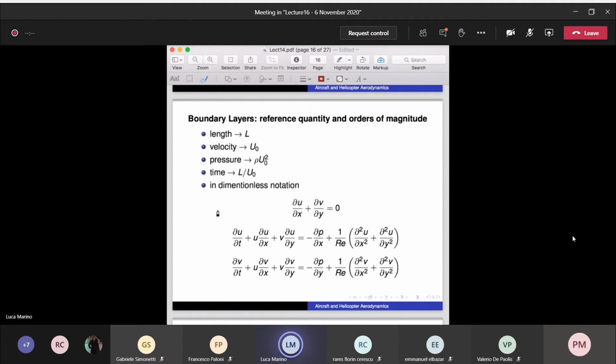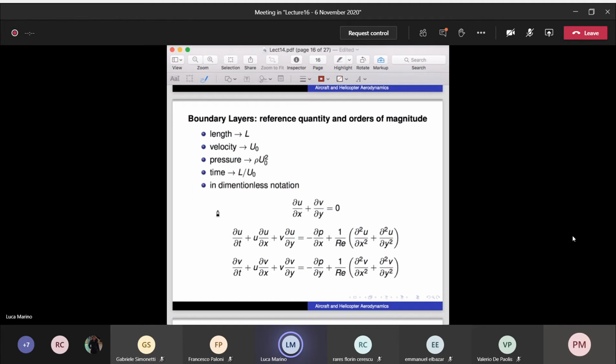Then you will have u0 over L, okay? These are the terms that multiply the convective term, so u prime, the u prime over the x prime, okay?